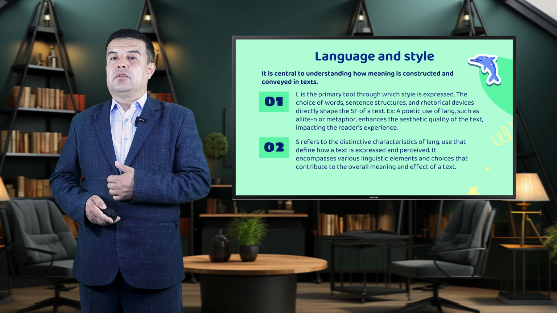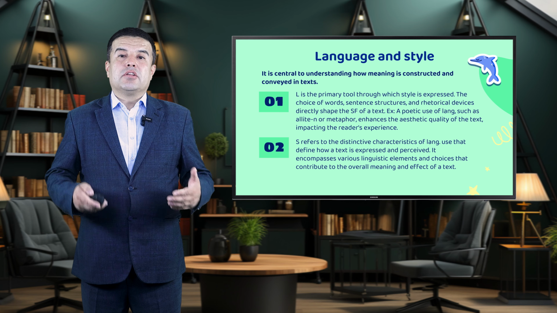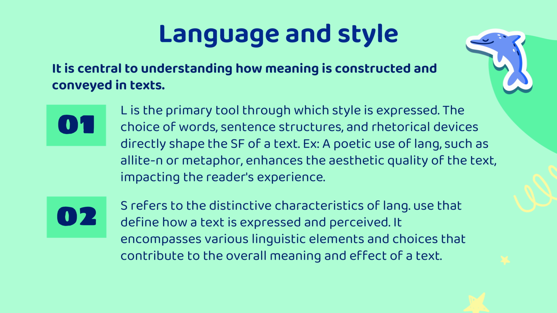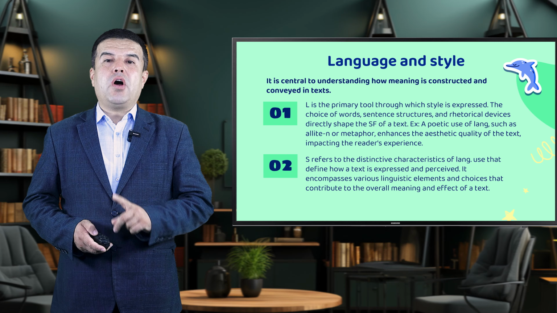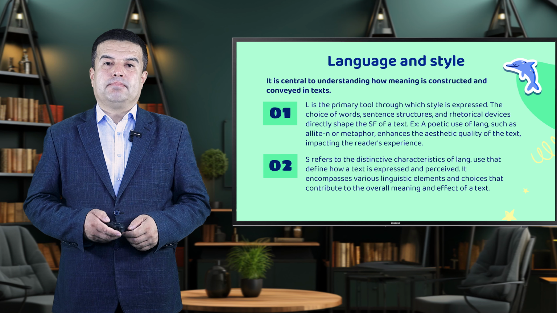Language and style. Now we should understand language and style, at the center of understanding how meaning is constructed and conveyed in the text. At first, language is a primary tool through which style is expressed.